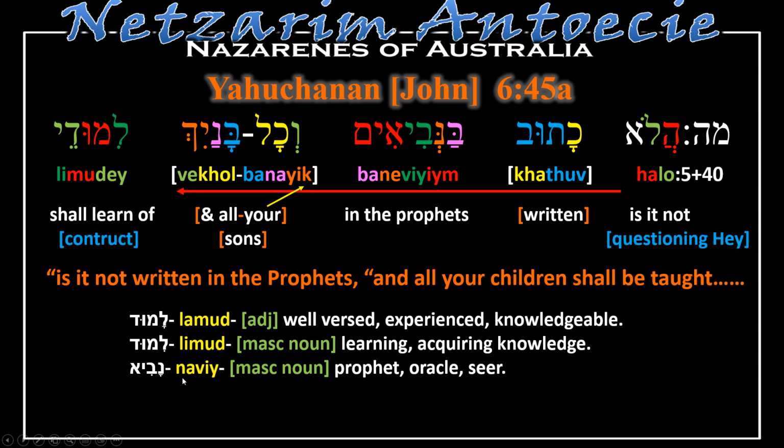Of course, it comes from navi, which is a masculine noun meaning prophet, oracle, or seer. Vekol, and all, banayik, your sons. Again, banai means sons.